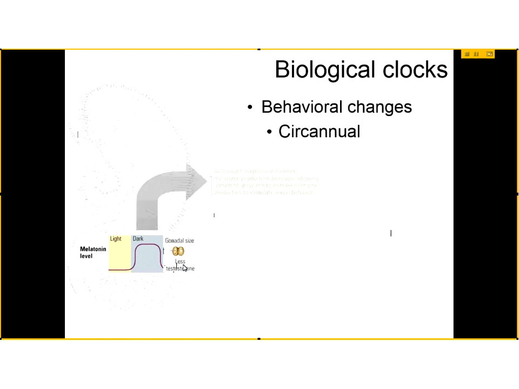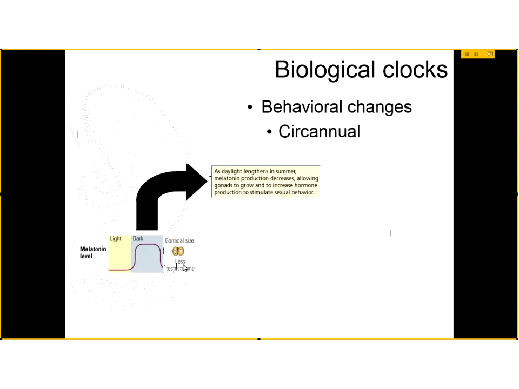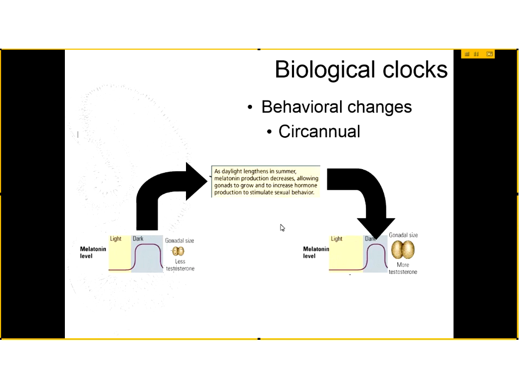However, as the days start to become longer, from spring into summer, melatonin production decreases because the dark period gets shorter. The gonads then increase in size, increasing testosterone, increasing the likelihood of engaging in sexual behavior.